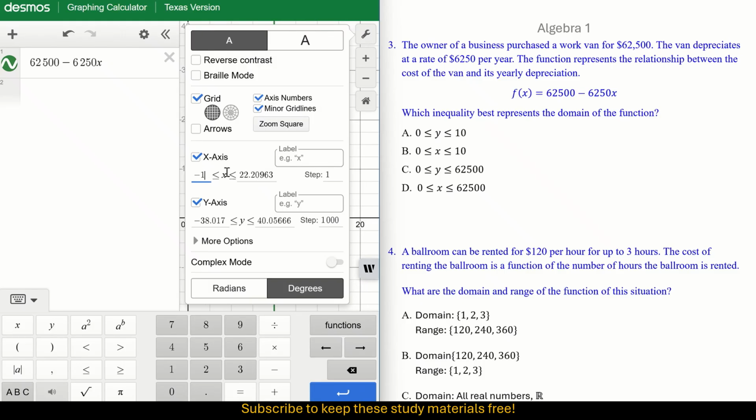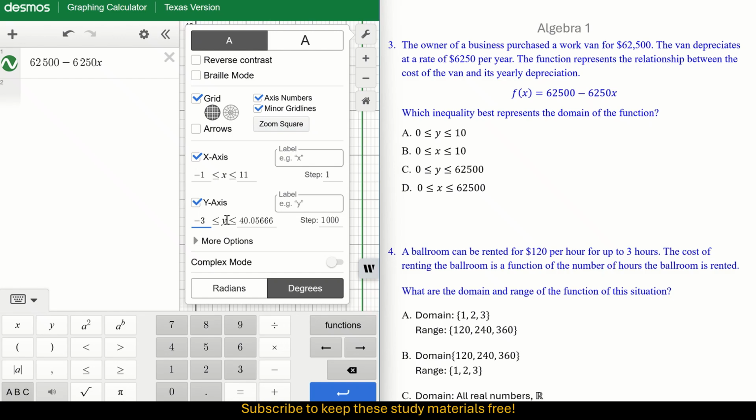Okay. And then my X, I need to get it to go to, let's say 11, because I want to prove that I need 0 to 10. Okay. Now my Y. Let's say -1. Oh, -3 is good, not too far down.